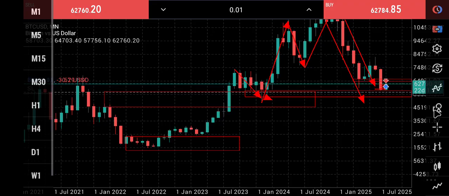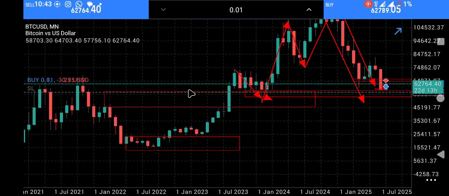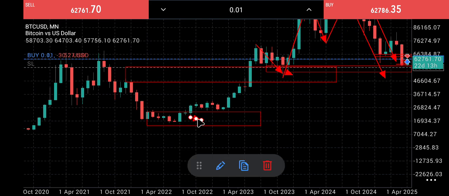From this support area, we had an uptrend market.